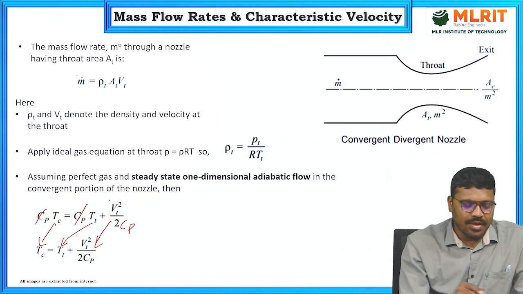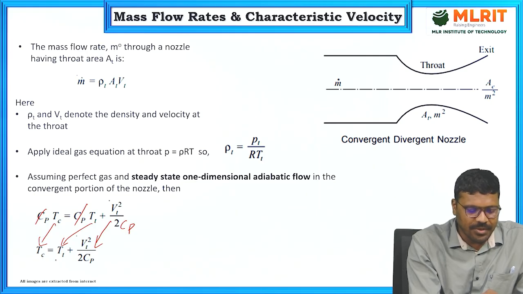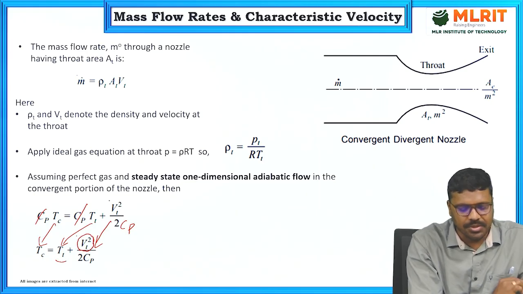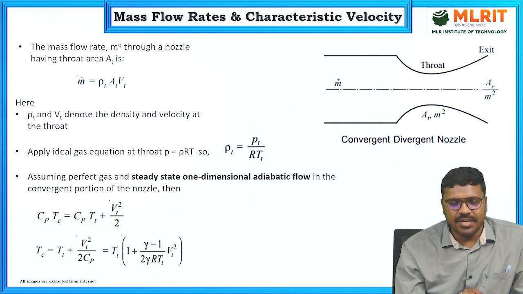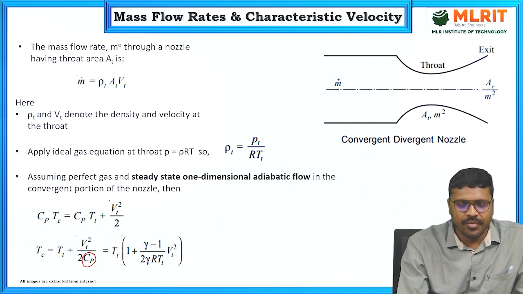Now I have written an equation for the temperature in the combustion chamber with respect to the temperature at the throat and the velocity of the gas at the throat. Further I can simplify this equation by substituting the value of Cp, specific heat at constant pressure.